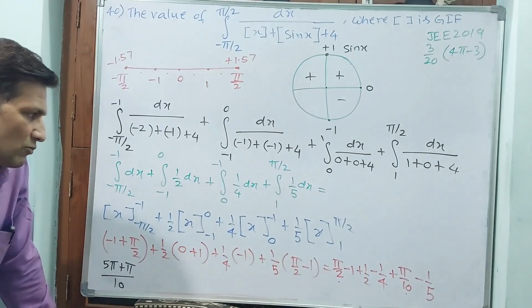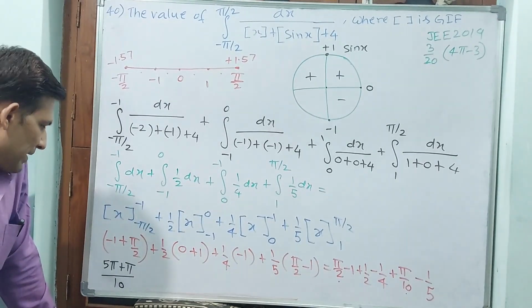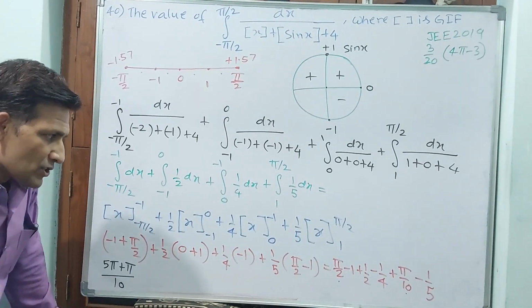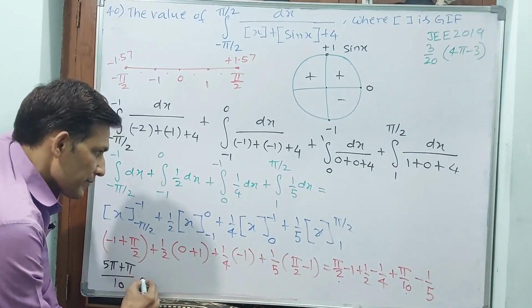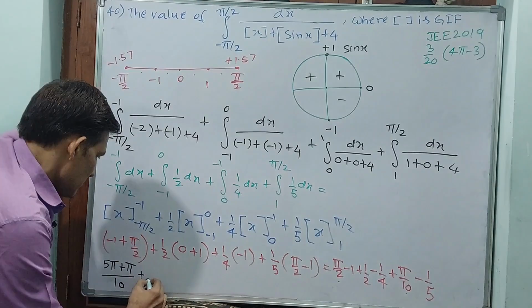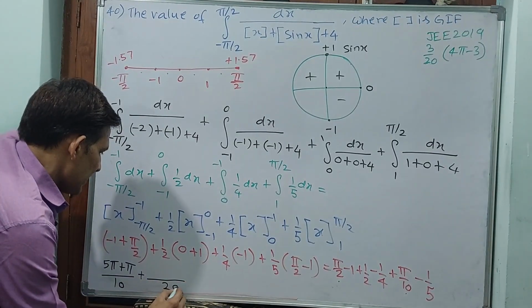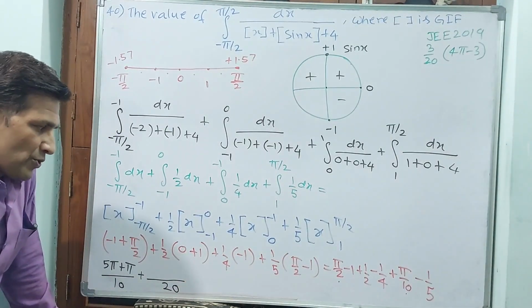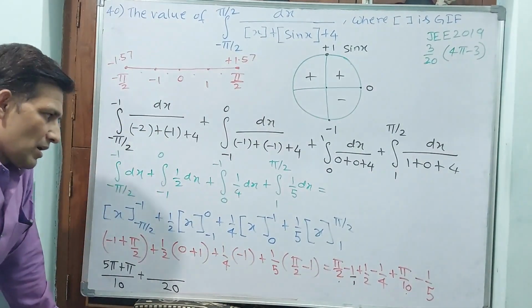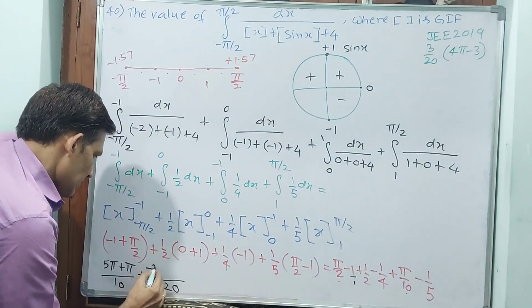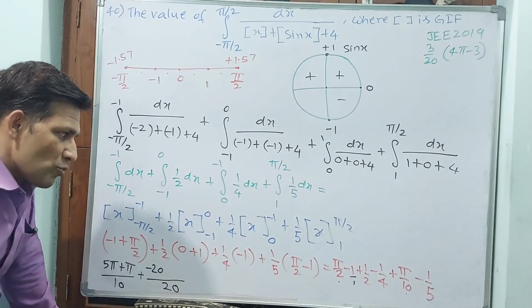Then I have taken LCM, 2 5 times and 5 pi, 6 pi will come. Okay, now see 2 4 5. Shall I take 20 as LCM? Plus 20 as LCM I have taken. If I take 20 as LCM, see here is 1. Okay, minus 20. Okay, and 2 means plus 10.